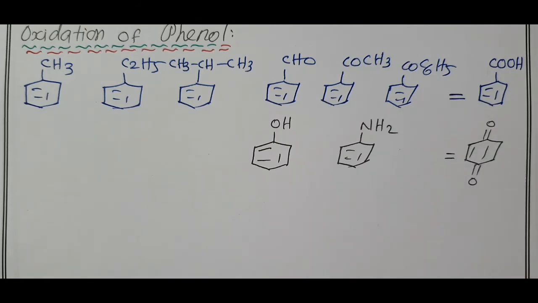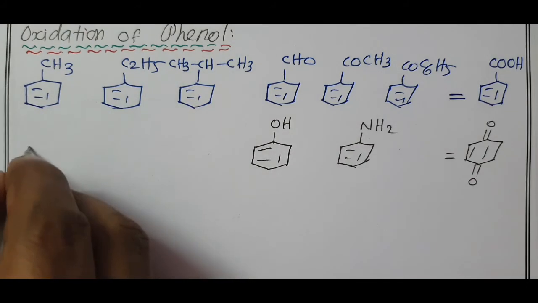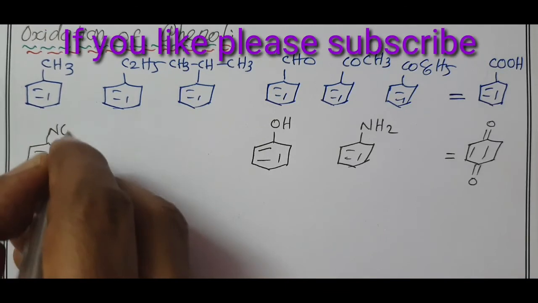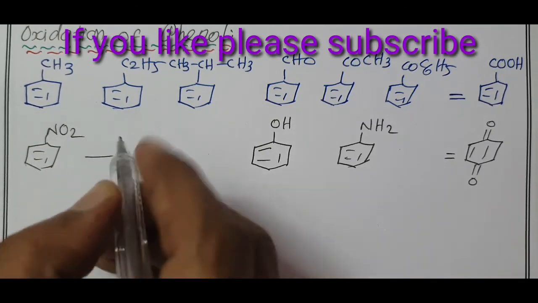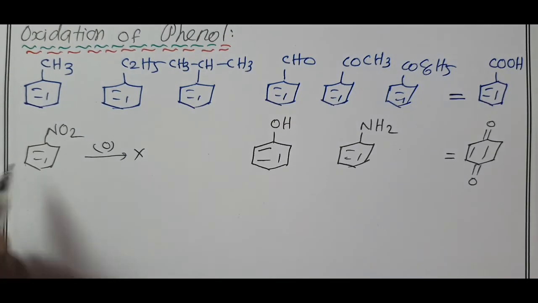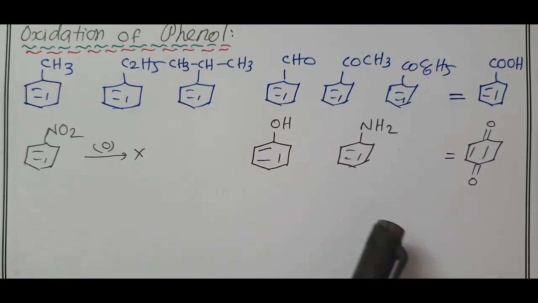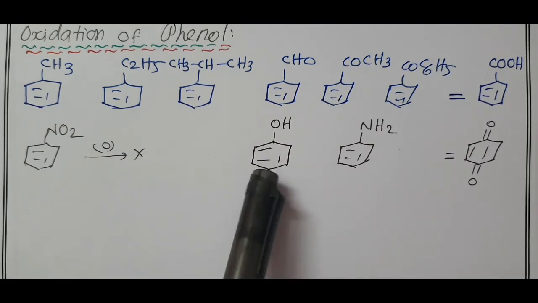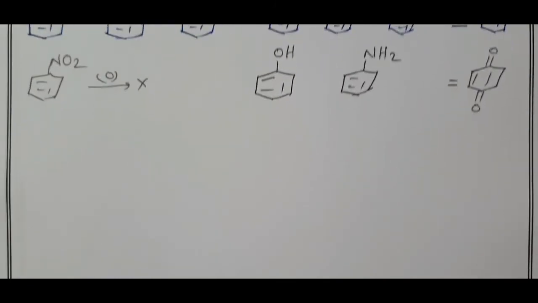One more aromatic compound we have is nitrobenzene, C6H5NO2. It does not undergo oxidation, it undergoes only reduction. In acidic, basic or neutral medium, only reduction reactions occur in nitrobenzene. Keep this in mind.